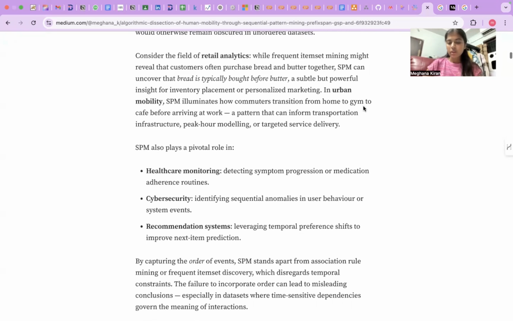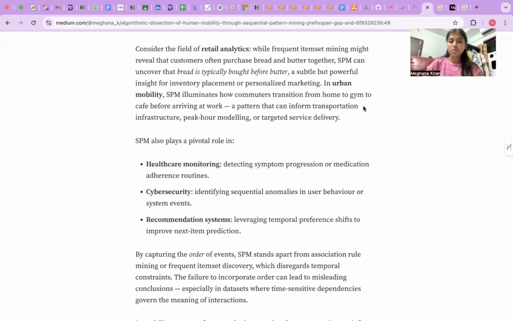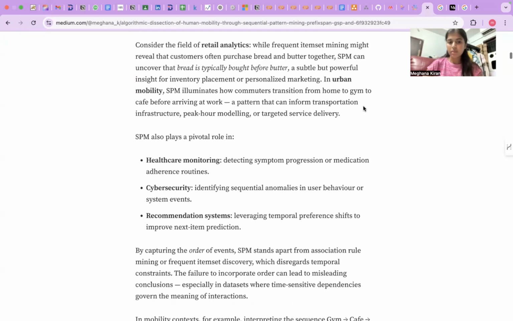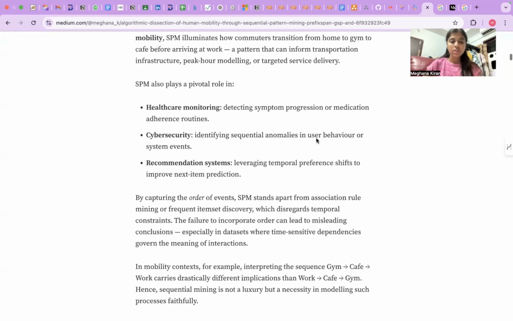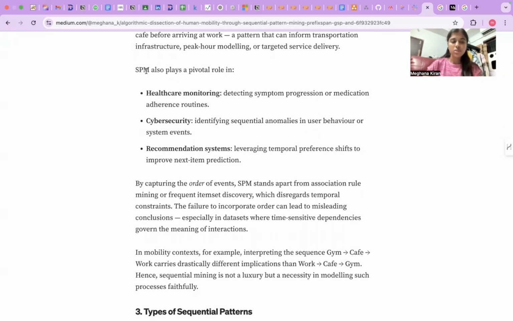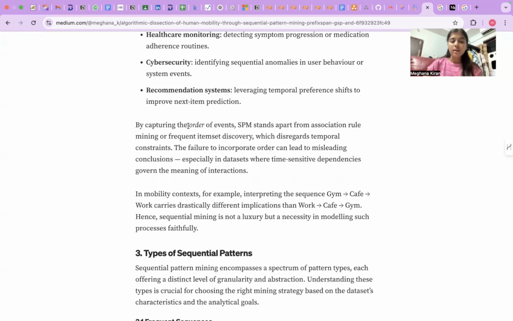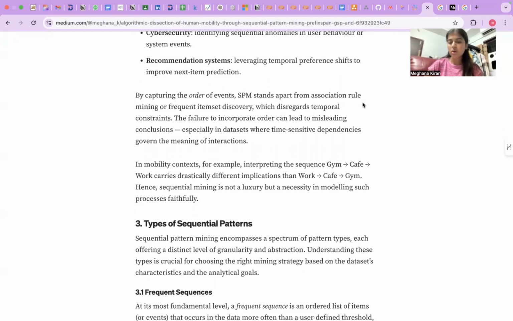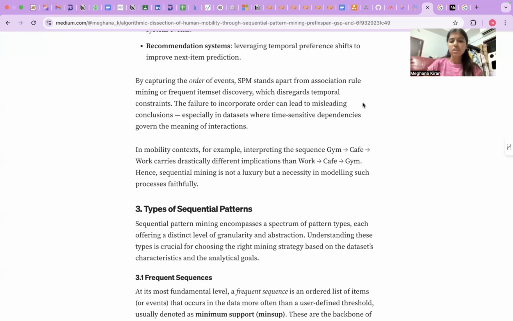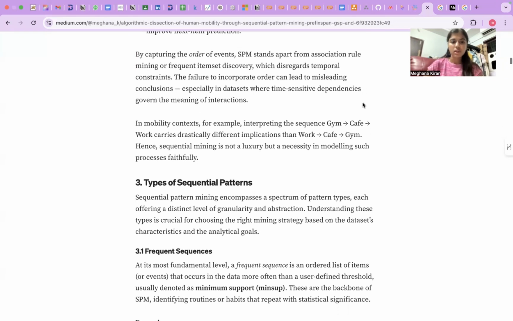Though this might not be a great example to make you understand what sequential pattern mining is, the dataset that I've taken below would definitely make you understand. The real world applications of sequential pattern mining are healthcare monitoring, cybersecurity, recommendation systems, and many more. As it captures the order of the events, it stands apart from association rule mining, FP-Growth, or Apriori algorithms, which disregard temporal constraints.